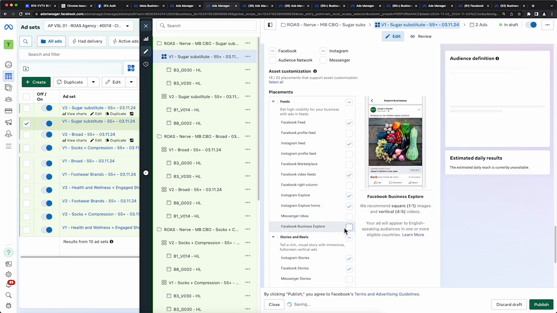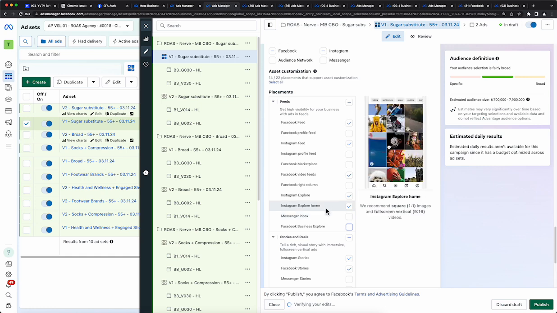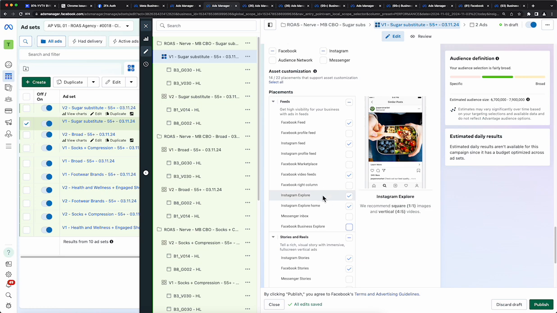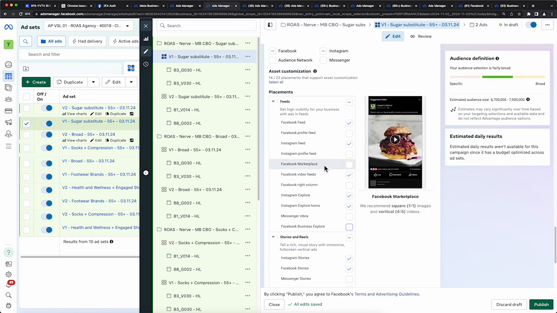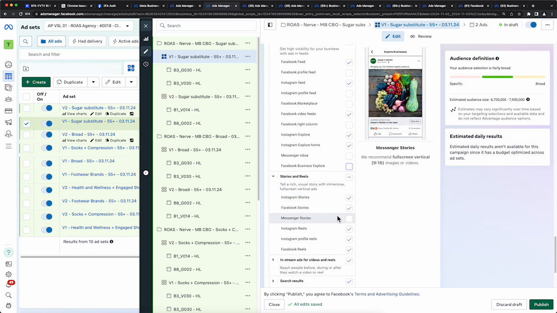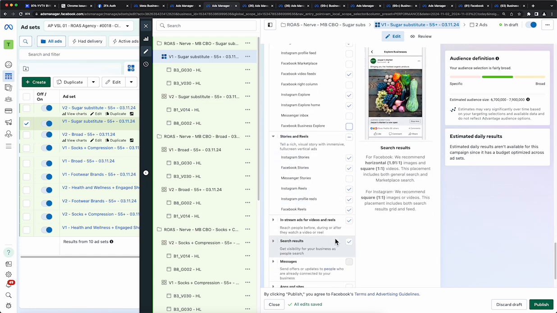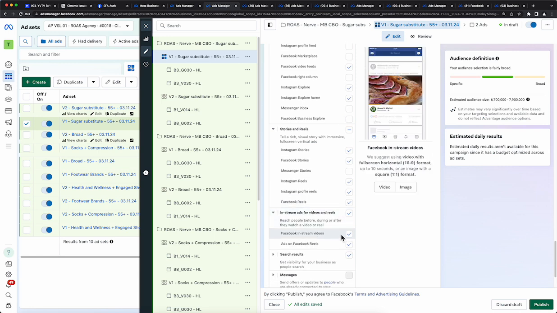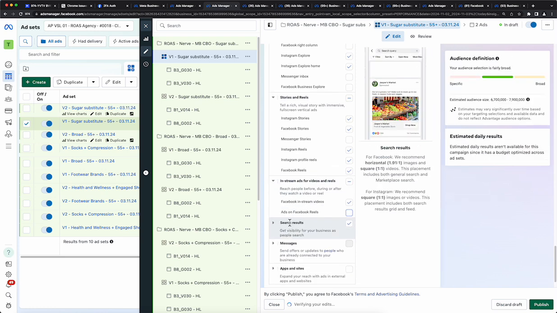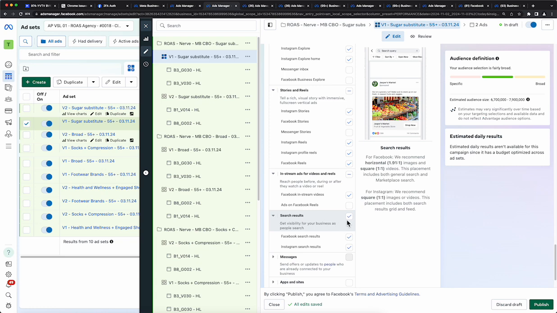Facebook Business Explorer, I just can't see that. Yeah, Instagram Explorer might be good. Video feeds, everything else stay the same. Stories and Reels, I'm going to keep. In-stream videos, I like. I am going to remove the ads. Search results, I don't see the point of that.